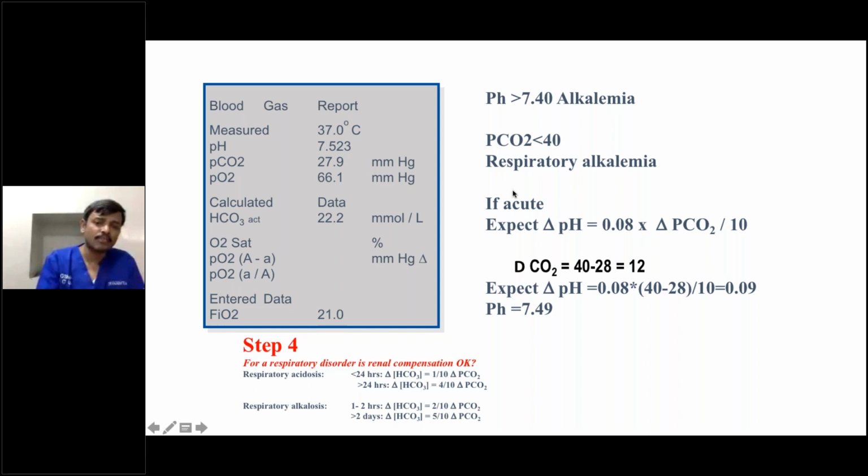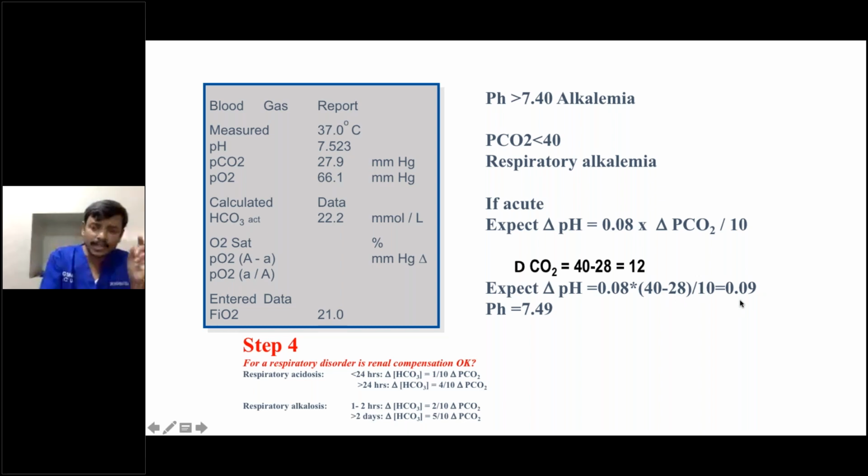There are formulas for this. If I put this formula in this case, the change in pH should be 0.08 into change in PCO2. Normal PCO2 is 40, and PCO2 here is 27.9, taken as 28. 40 minus 28 is 12. So 0.08 into 12 divided by 10 becomes 0.09.